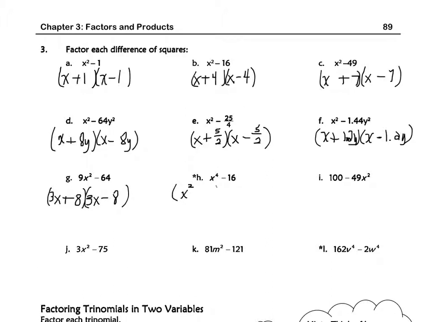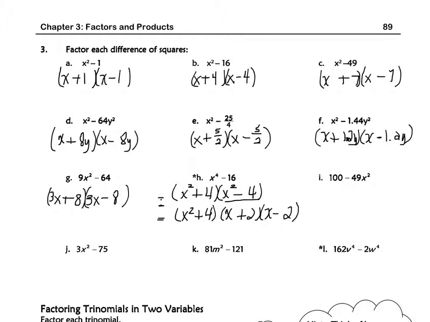So the first factor would have x squared, the second factor would have x squared, and the square root of 16 is 4, so this would have 4, and this would have 4, one plus and one minus. But you're not finished, because for the first factor, there's not much you can do with the sum of squares, so that would stay the same. But this factor is a difference of squares again, so that can be factored further. So that would have factors x and x, 2 and 2, one plus and one minus.